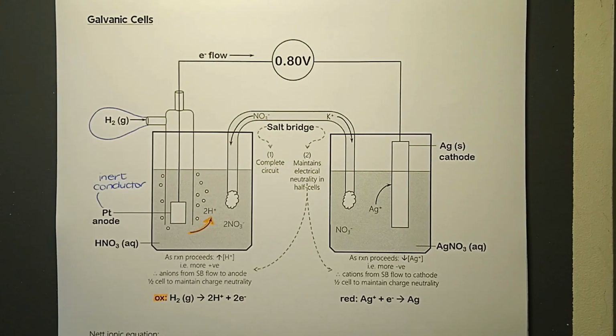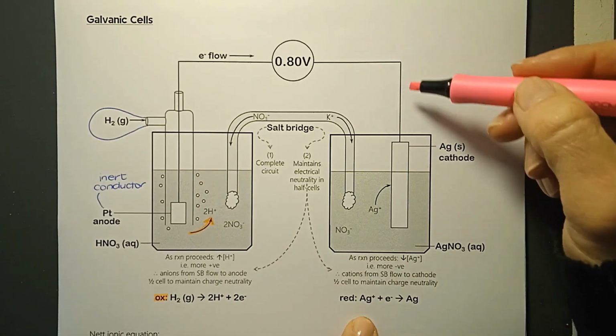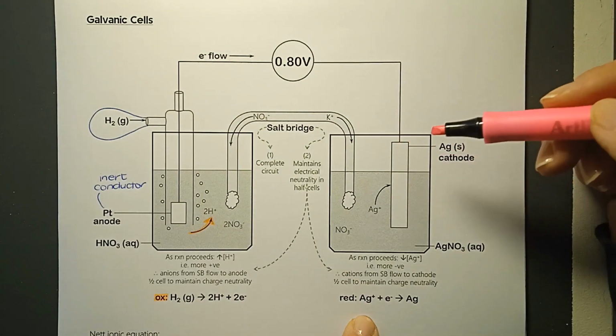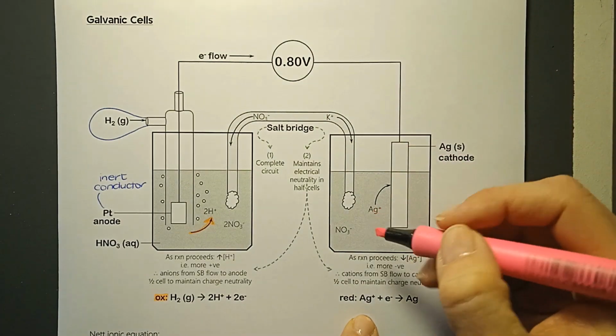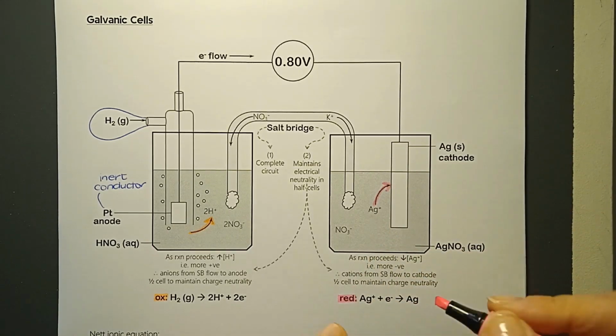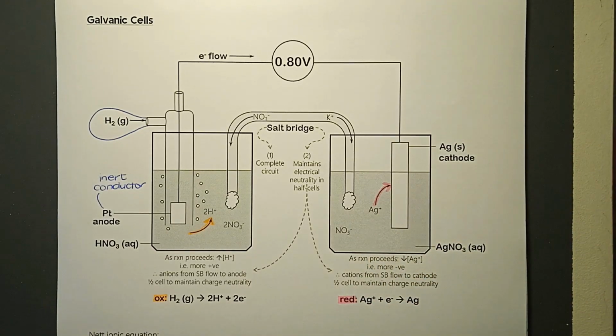On the other side, we're going to have our silver gaining electrons. The electrons flow through the external circuit to the silver cathode, and they are going to pick up those silver ions in solution and be converted to solid silver, which will then plate on the outside.